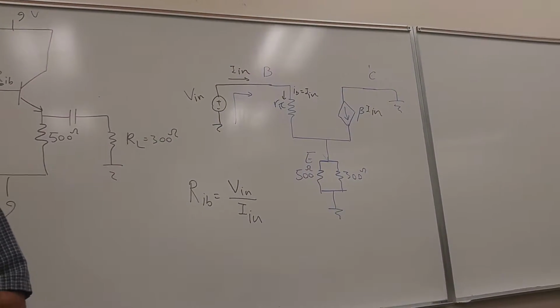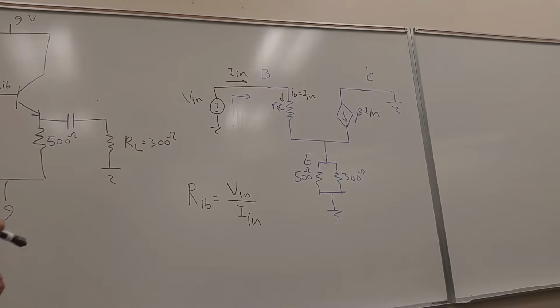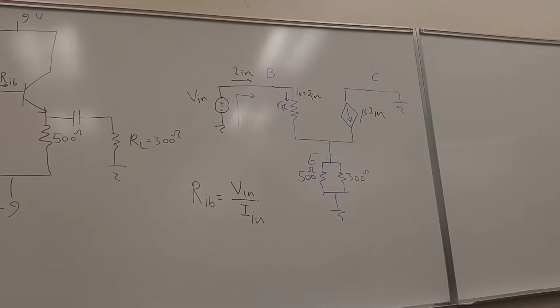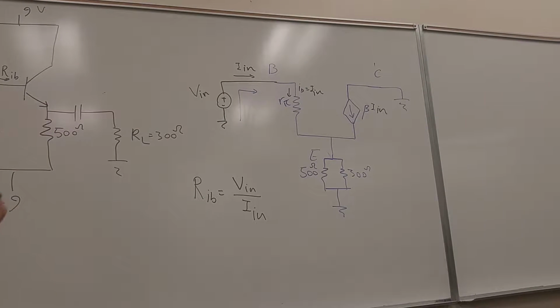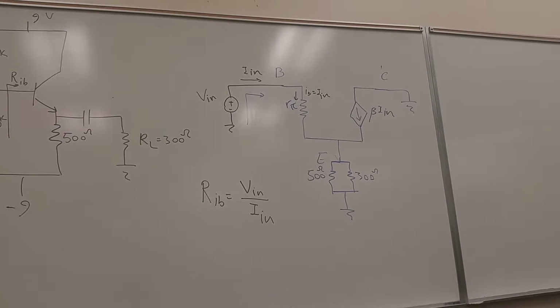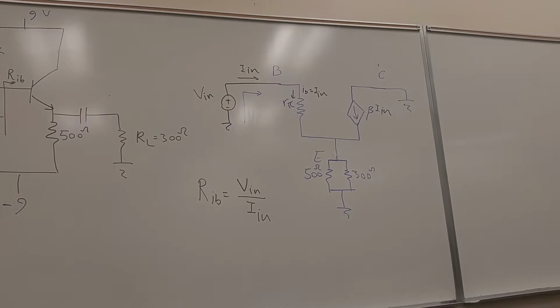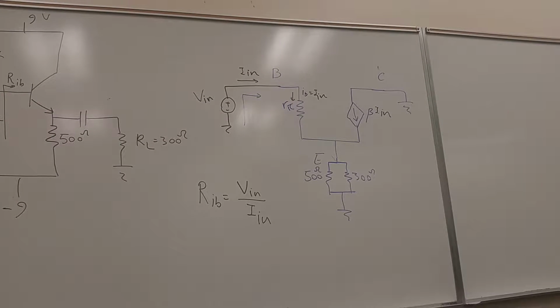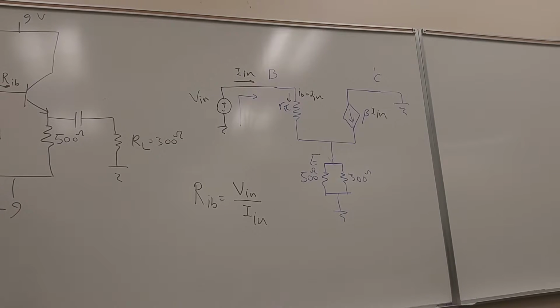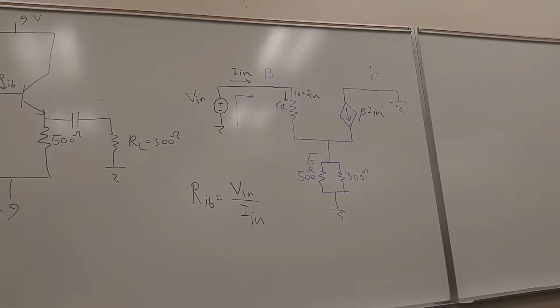Any question here? Given the point of where we were looking for R in, we could ignore everything before it. Look at this arrow. We're looking in from that point, so anything before it we can ignore.